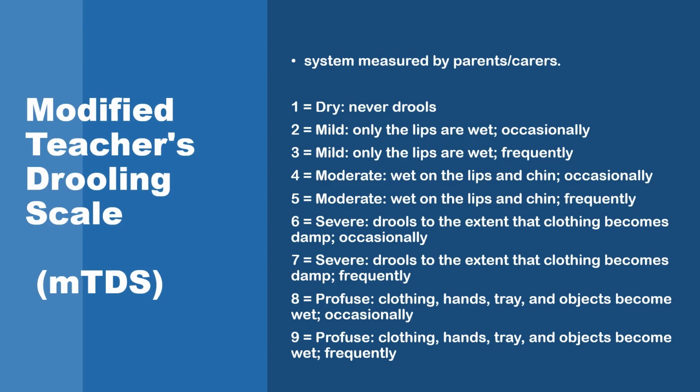The second tool, the modified teacher's drooling scale, is a combination of the two areas, the frequency and the severity of the drooling, into one system, where 1 is never drools, 2 and 3 are mild drooling, making only the lips wet, either occasionally or frequently. 4 and 5 is moderate drooling, wetting the lips and the chin, either occasionally or frequently. 6 and 7 is severe drooling, wetting the clothes, again either occasionally or frequently. And 8 and 9 are profuse drooling, wetting the clothes, the hands, the trays, and objects around, either occasionally or frequently.